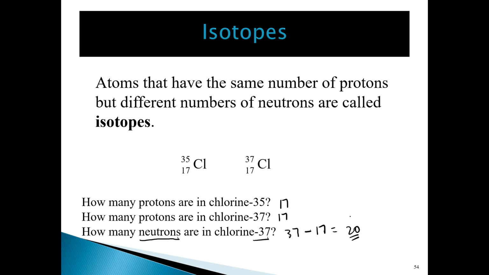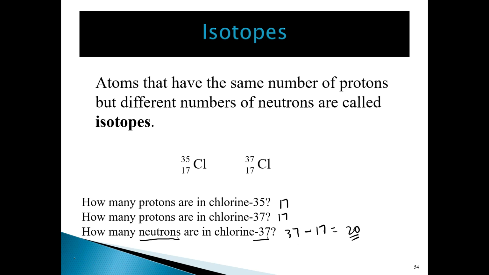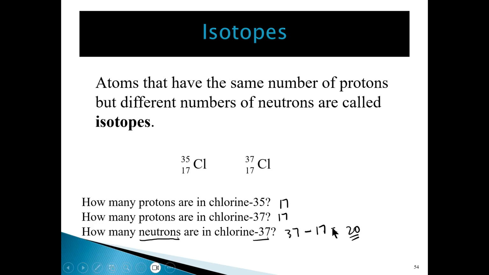So in the chlorine 37 isotope, the number of neutrons would be 20. All right, so that's a relatively simple example which illustrates all the different terms that we just learned. We just learned about isotopes and the relationship between the mass number, the atomic number, the number of protons, the number of neutrons, and the number of electrons.